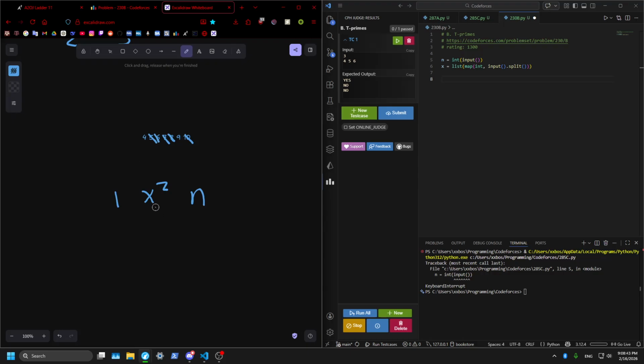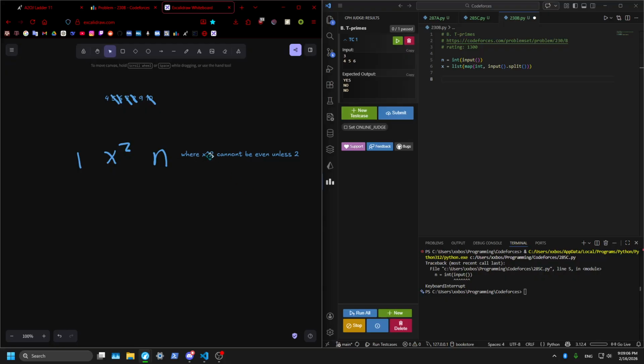X can't be even, wait, so x has to be prime, right? 2, 3, because 4 doesn't work. 5, it'd be 1, 5, 25, and there's nothing else. 6 wouldn't work, because 6 by default is 2, 3. 7, 1, 7, 49. Okay, so it's 1, prime, prime squared.